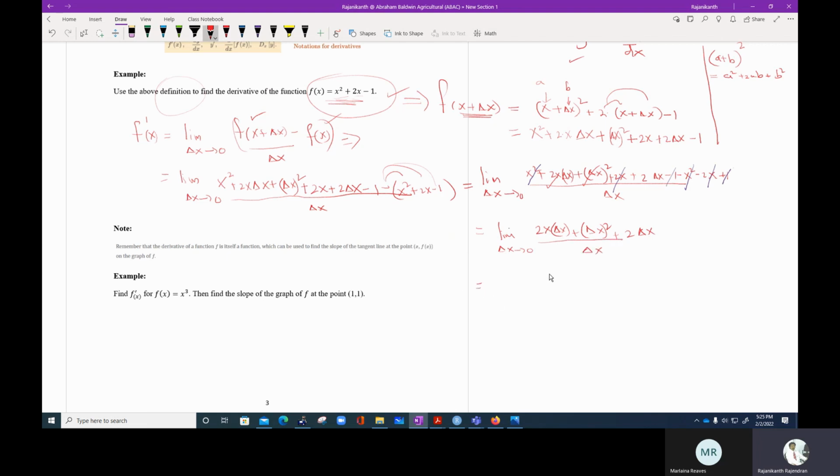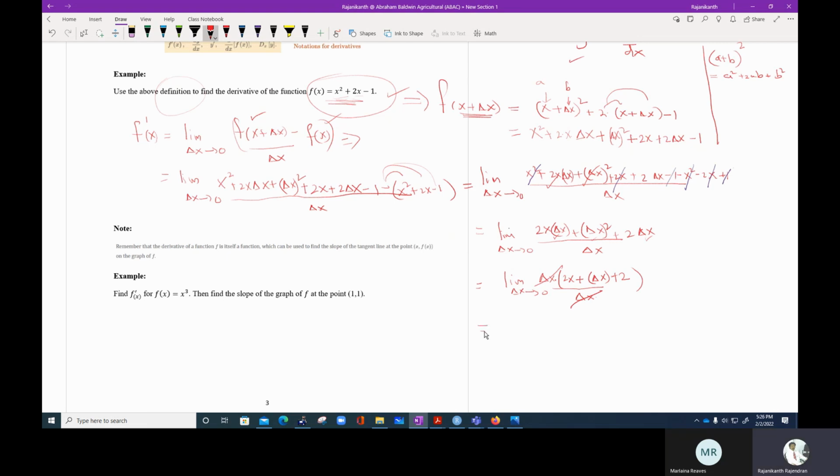If you look at the numerator, you can factor delta x out of every term. The leftover is 2x plus delta x plus 2, multiplied by delta x, and when you divide by the other delta x, it is cancelled.